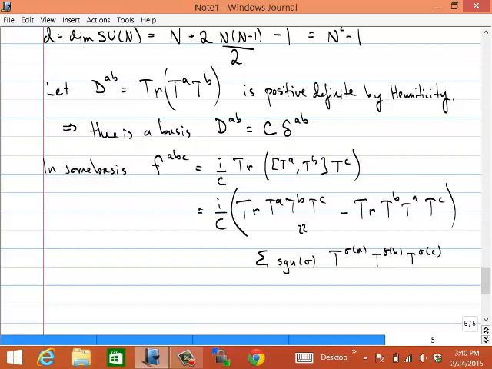So the point is that you can think of f^ABC as the sum over all different ways of taking the trace of T^A, T^B, T^C, all different permutations, weighted by the sign of that permutation. And that makes it clear that in this basis, f^ABC is antisymmetric in its indices.